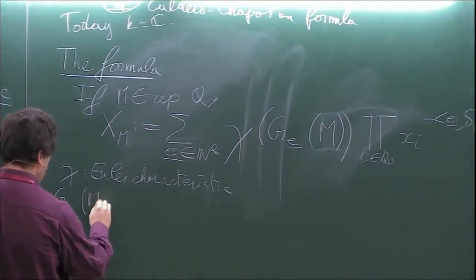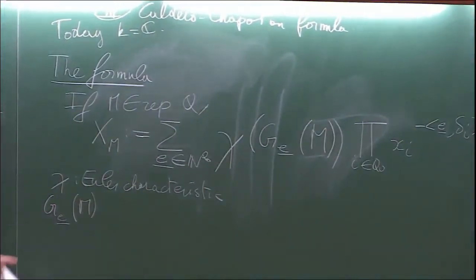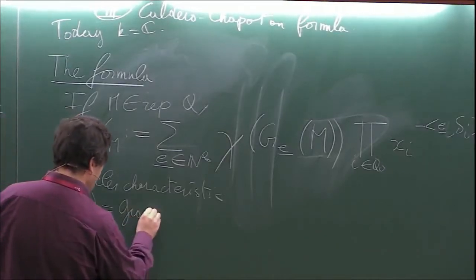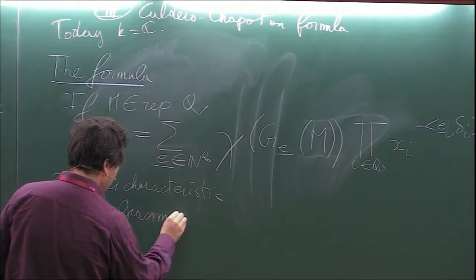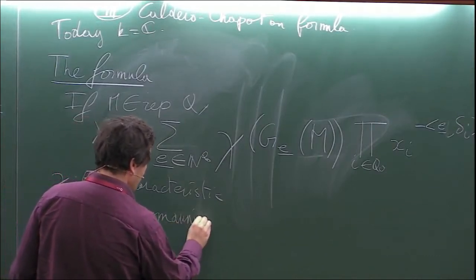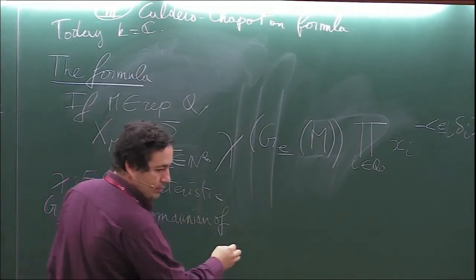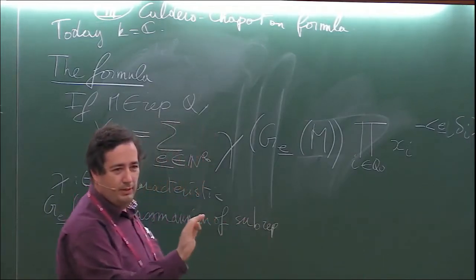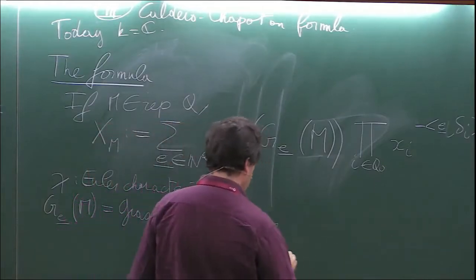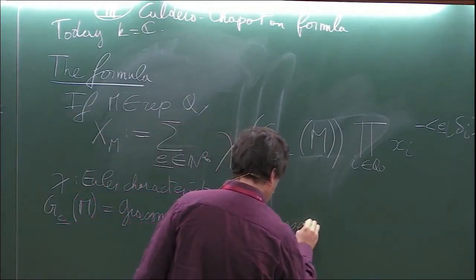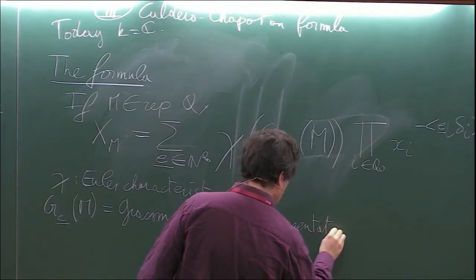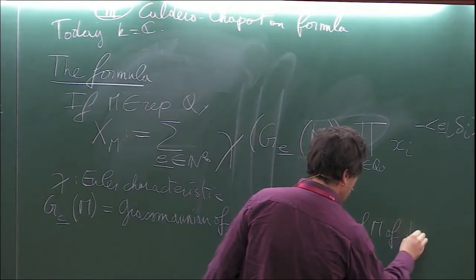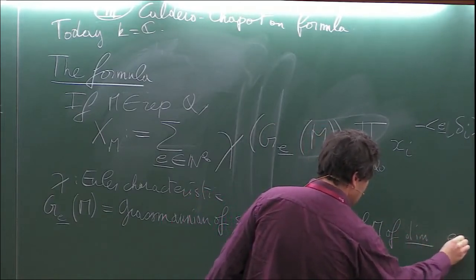The Gr_e(M) is the Grassmannian of submodules, sub-representations, sorry. When I say module or representation, it's the same for today, okay? Sub-representations of M of dimension vector e.